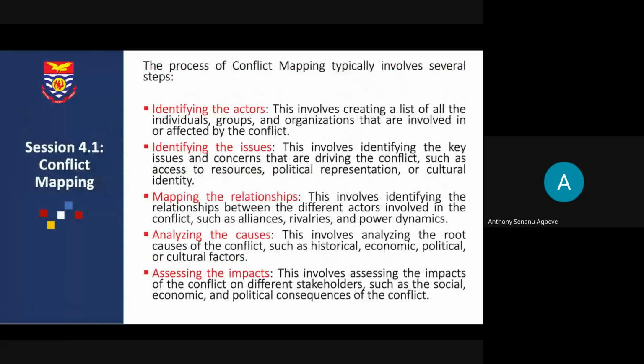So first of all, you identify the actors, you identify the issues, right? What are the concerns of the people? What are their interests? What are their positions? What are they saying they want? Then you map the relationship between the two. What is the relationship among the various stakeholders? Are they friends?